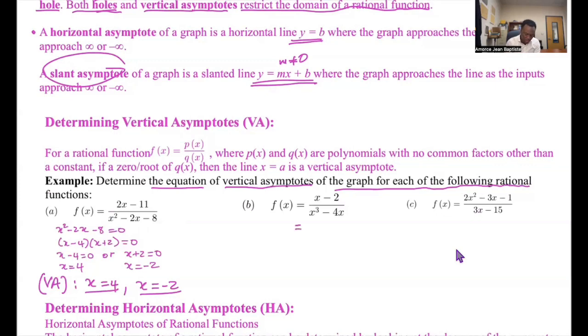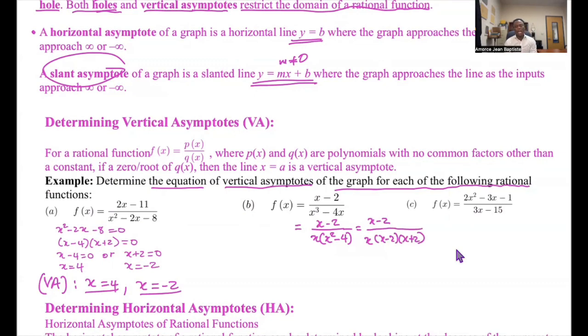So f of x will be x minus 2 over x times x squared minus 4, which is also x minus 2 over x times x minus 2 times x plus 2.